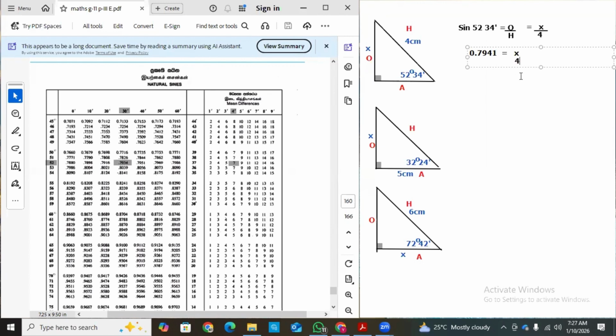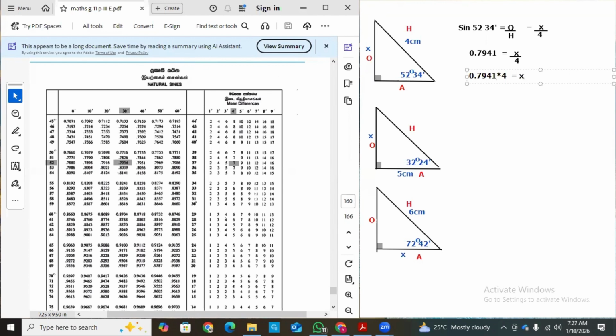X over 4, and now this division 4 we can directly take that to the other side, and there will be multiplication just to subject that x. So I'm sending that division 4 to the other side and multiply, so it will be like 0.7941 into 4, and that's equals to x. That's it.